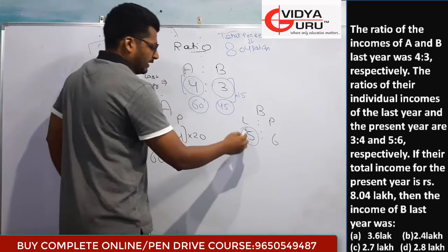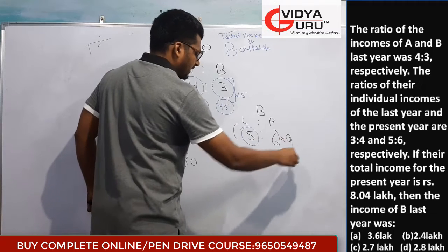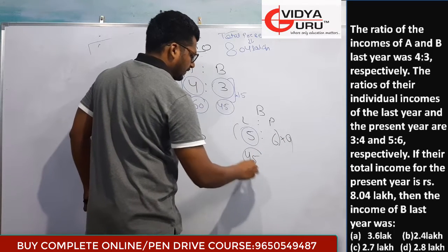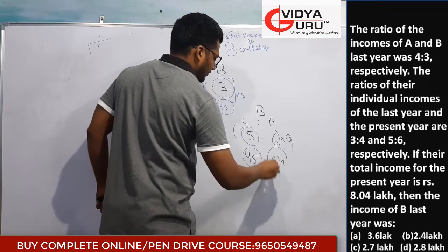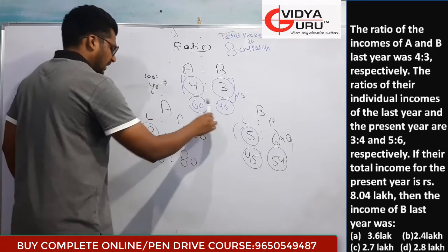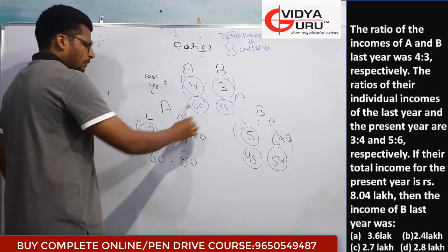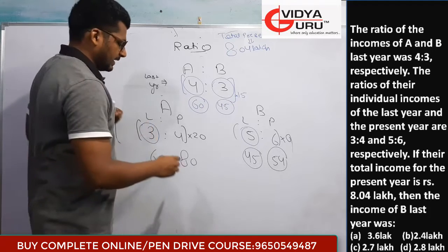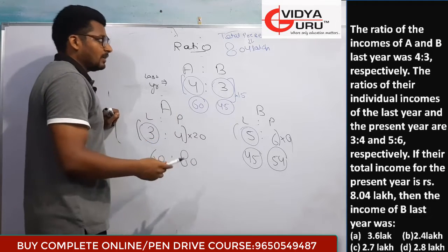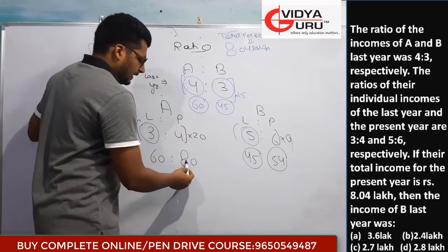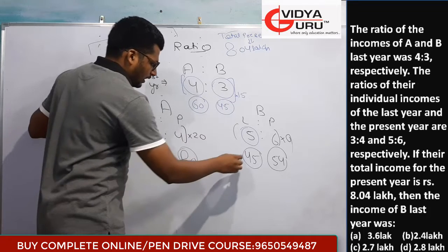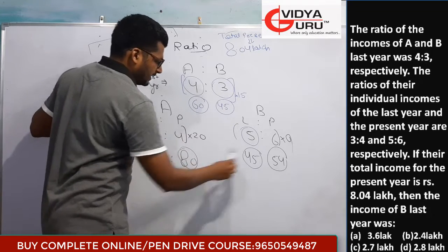Now I have to make this 45. I will multiply by 9, 45 and 54. This is balanced and now this is also balanced. The question says their present year income total is given. According to our ratio, what is the total of present year income?